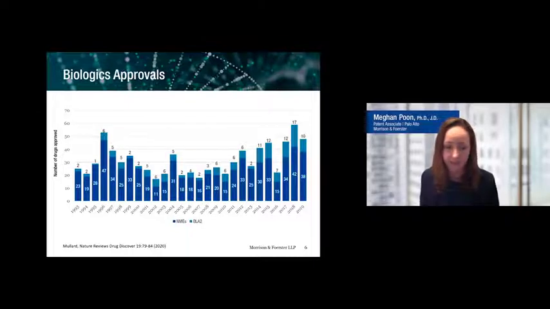As you can see, the first biologics were approved in the 1990s at a very low level, and most of the FDA approved drugs each year were small molecules. But as time has gone on, the relative share of biologic approvals has dramatically increased to represent about 20% in 2019. So this really shows how the nature of therapy is changing over time and being more and more driven by biologics.